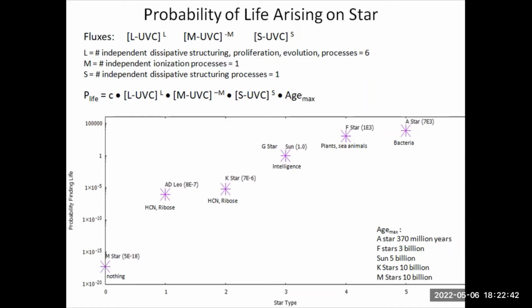And for the medium wavelength, we don't want it, so we take a negative power, and there's only one independent process, which is ionization, destruction of the molecule. So we put that intensity to the power of -1. And then we have the number of independent processes of dissipative structuring in the upper atmosphere, which is 1.